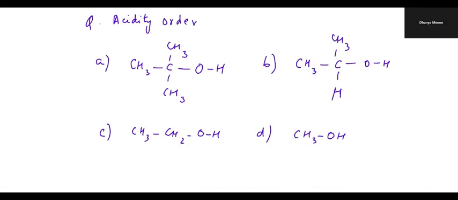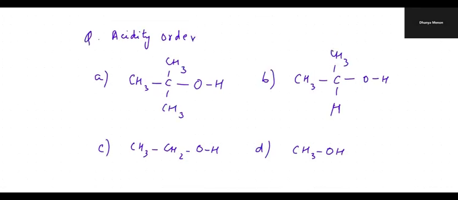Now over here, in the first case, there are three methyl groups, all these methyl groups will give the electrons towards the carbon atom. Here, this is minus and this is positive. Because there's already accumulation of a negative charge on the carbon atom, this is A minus group, this is H plus group, right?